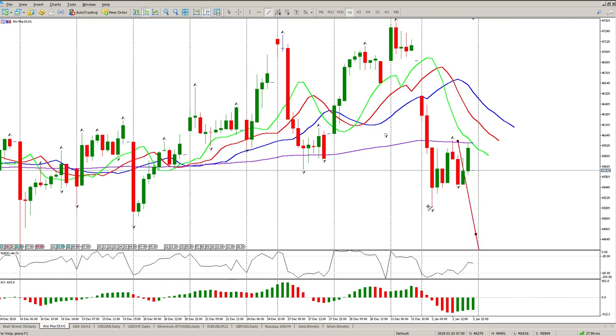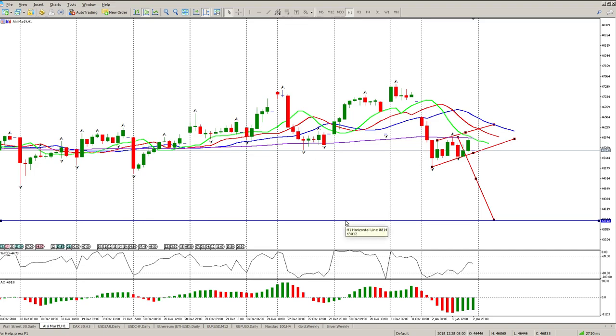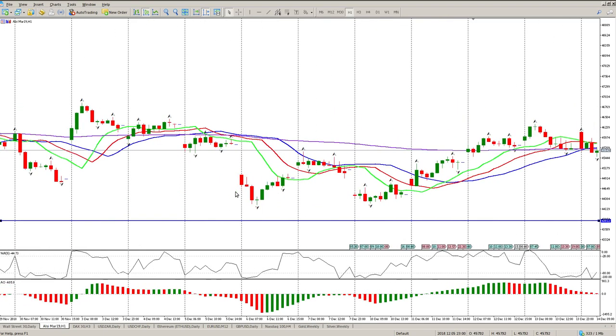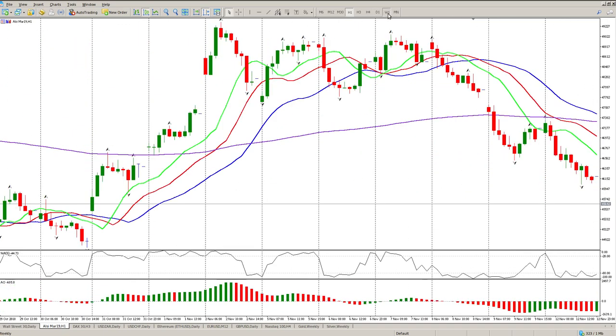This little thing that we see here is pretty much a consolidation pattern. I'm expecting a break of this consolidation pattern, and I'm expecting us to target 43,800.